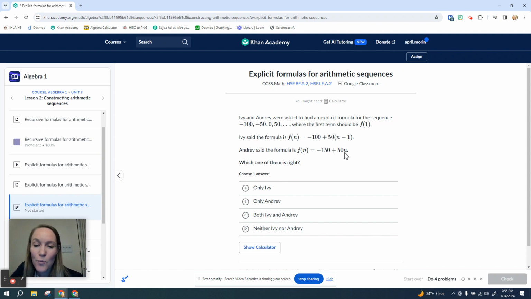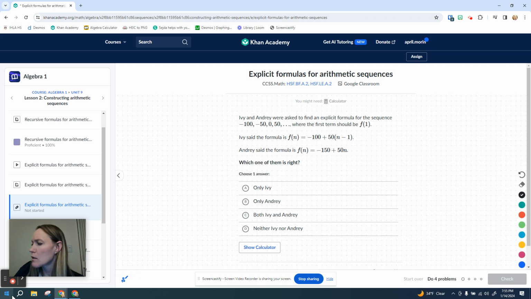So what if we put in 0 for n? Let's see, maybe that doesn't work. If we put in 1 for n, that should give us negative 100. So let's see who is right there. F of 1, we're trying Ivy's first.